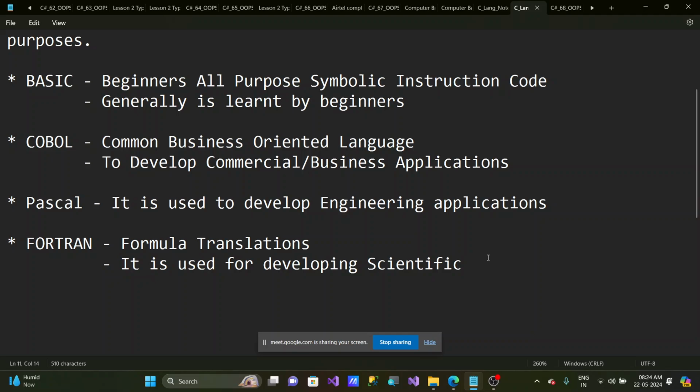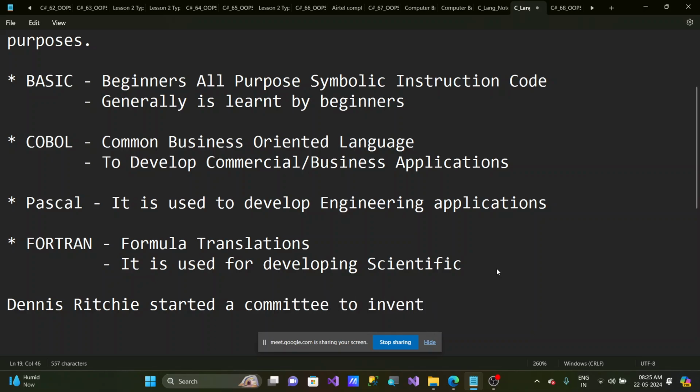There is a guy called Dennis Ritchie, who is the father of C language. Dennis Ritchie started a committee to invent a common language for all purposes.